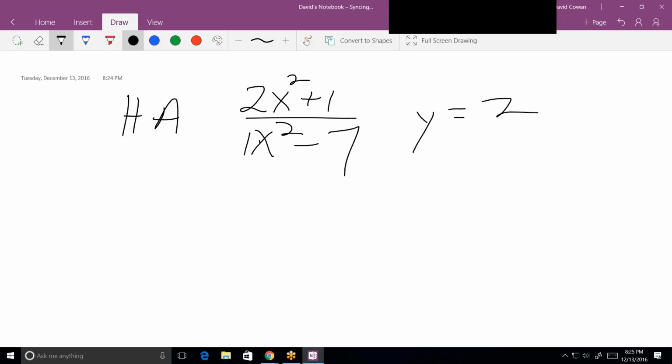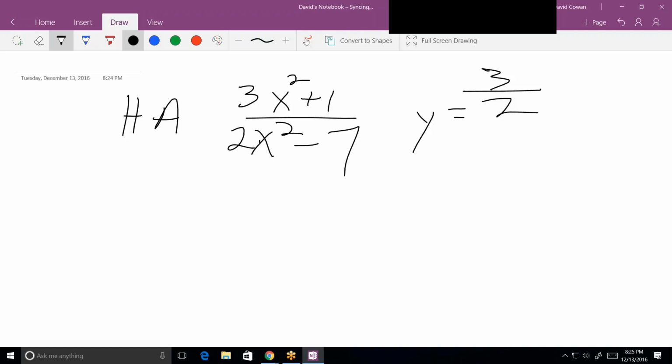This coefficient's 1, that one's 2, so 2 over 1. In other words, if I had this, let's make that a 3 and this a 2, then 3/2 would be the horizontal asymptote. So when they're the same degree, it's just the ratio of the coefficients.